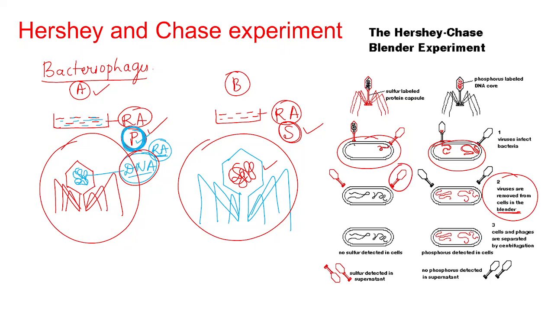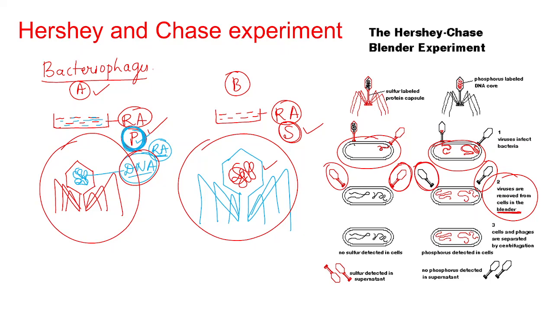Soon after infection, they inject their genetic material into the cell. The genetic material enters inside the cell and the remaining part will be left outside. Is that clear? After vigorous shaking or blending, the material which is present outside will be separated.